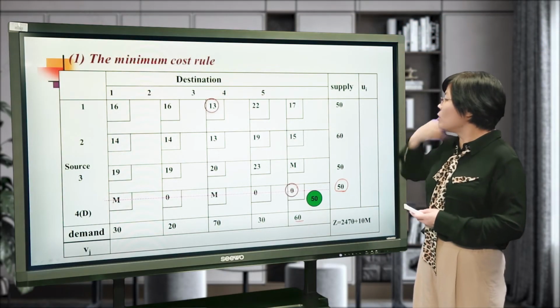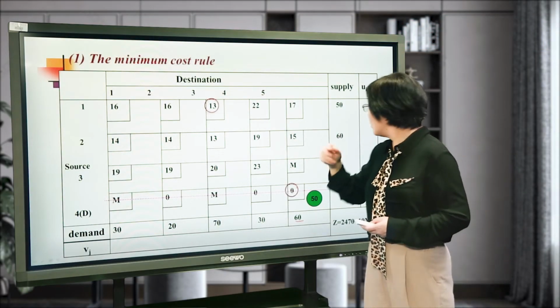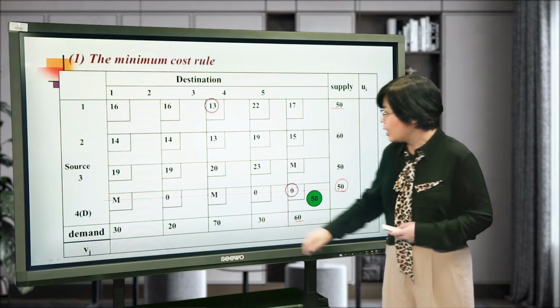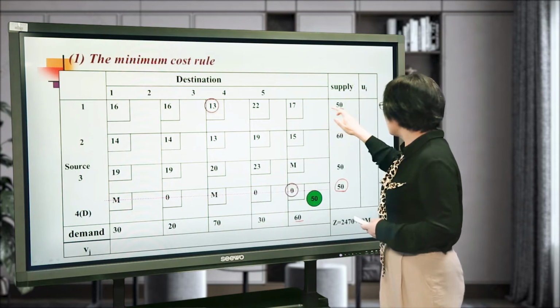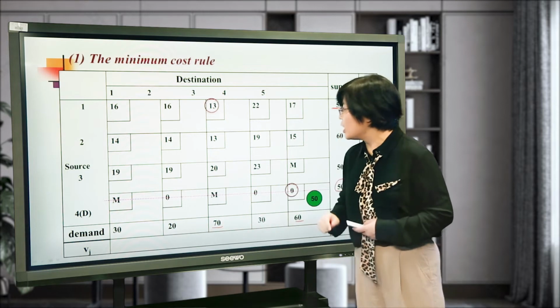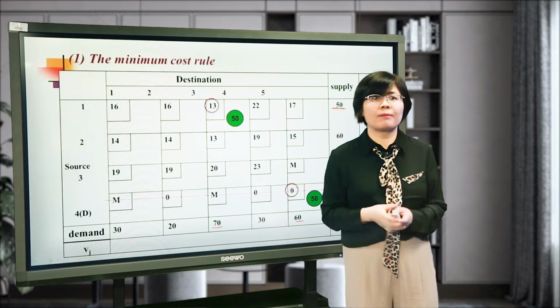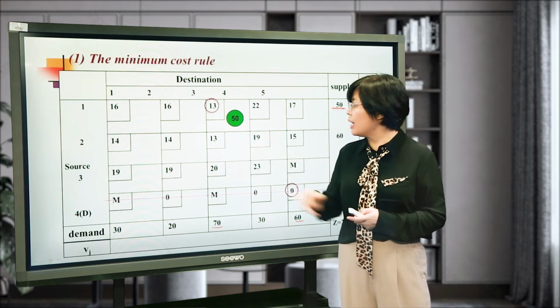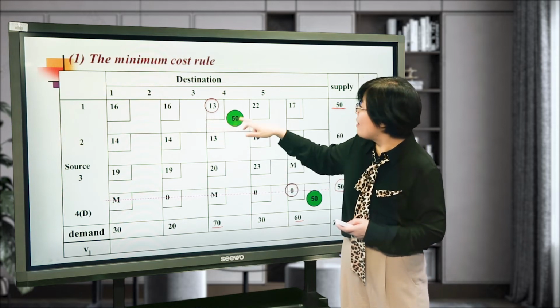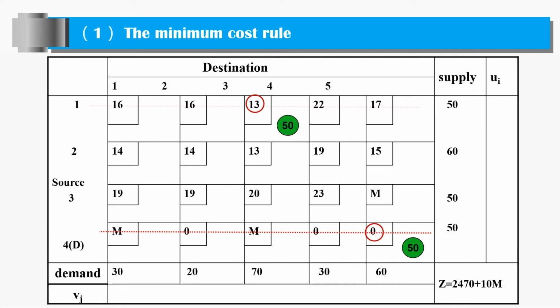How can we allocate it? It needs 50, and the supply is 50 and needs 70. So we allocate 50 to x14, and we eliminate this row.